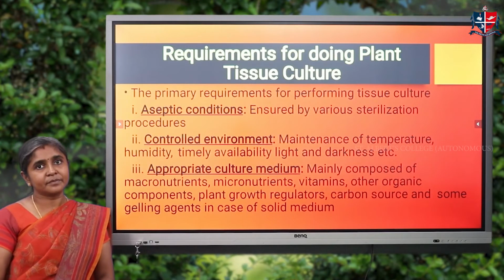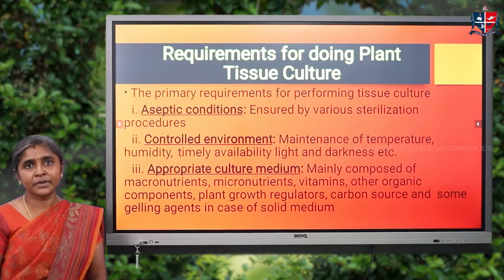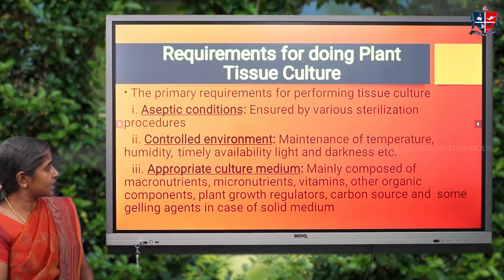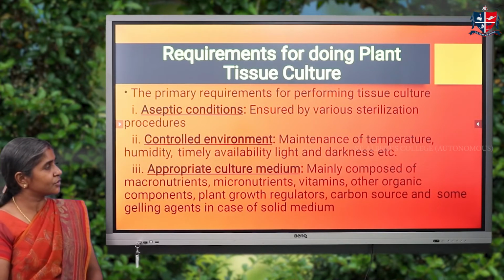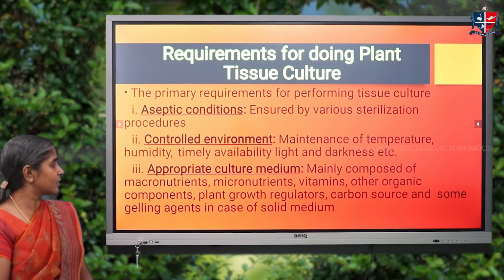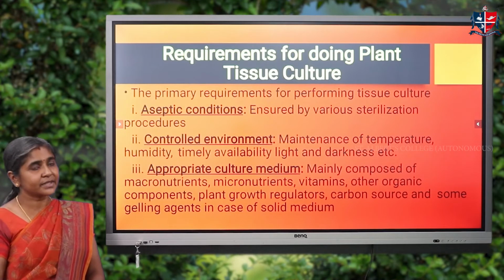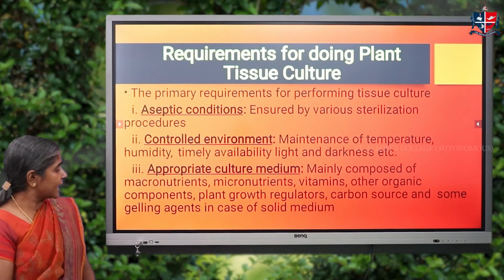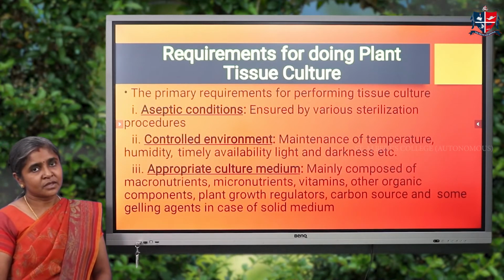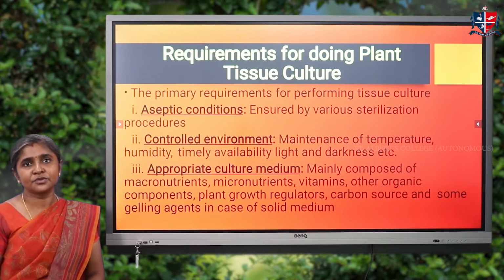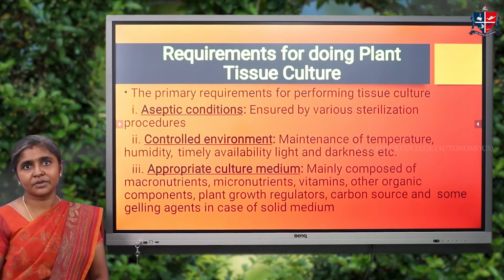Appropriate culture medium. Plants are provided with a culture medium which contains macronutrients, micronutrients, vitamins, other organic components, growth regulators, carbon source, and some gelling agents. So, this is something mandatory to be given for a plant for its growth because nutrition is of prime importance.